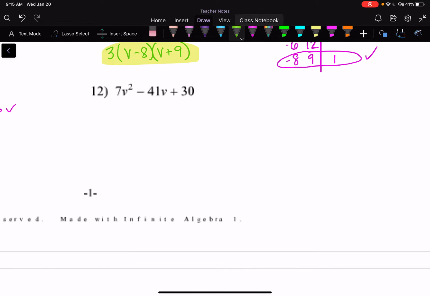And then number 12. I'm going to check for a GCF. The only number that it could be is 7. I'm going to take 41 divided by 7. It does not give me a whole number, so I do not have a GCF.